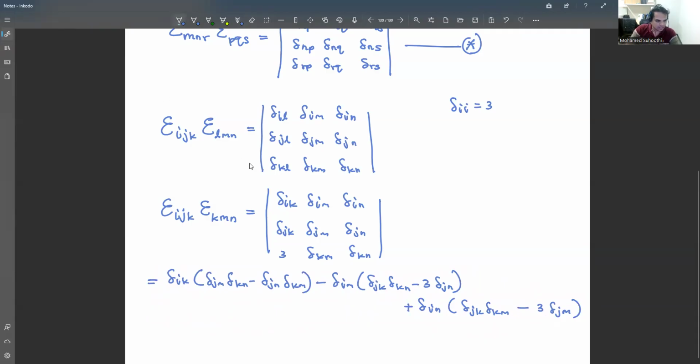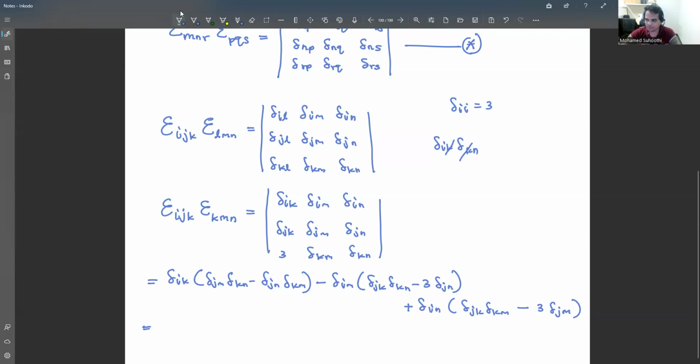Now delta IK, multiplying inside, I will write delta IK delta KN. We already discussed the properties of delta: remove this one, substitute within. So delta IN, when I multiply these two, delta JM will be there.